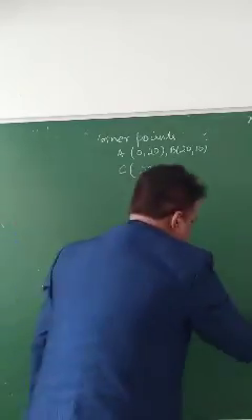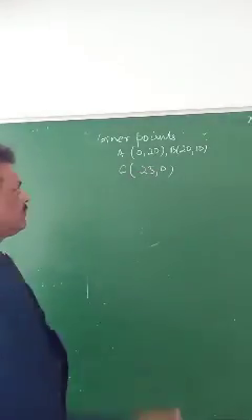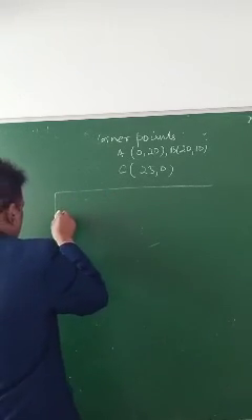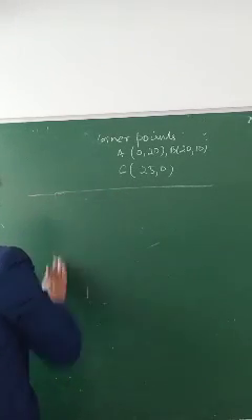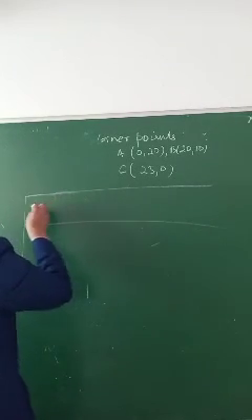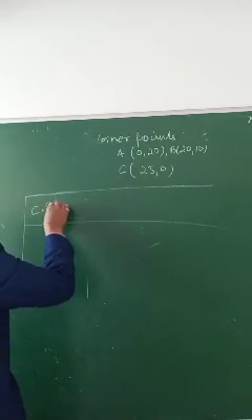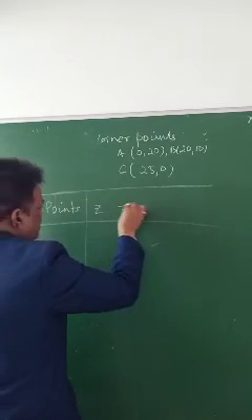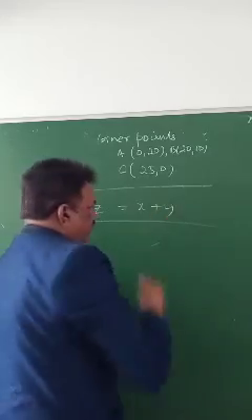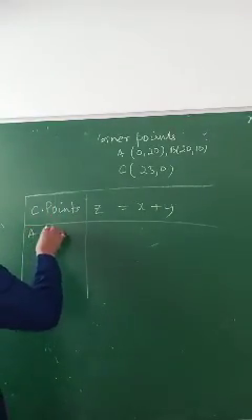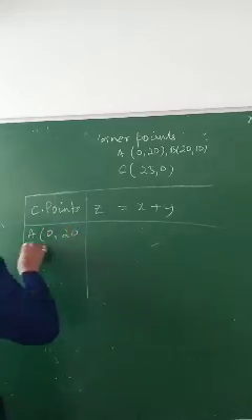Table means corner points and Z, that is the maximum given x plus y. So for corner point, put first point A, that is 0, 20.